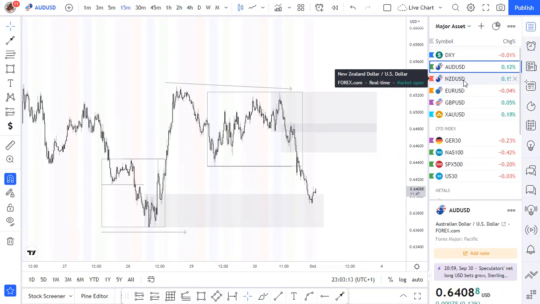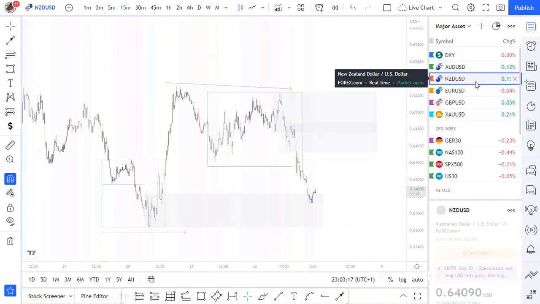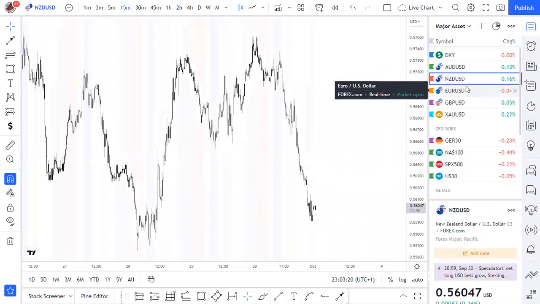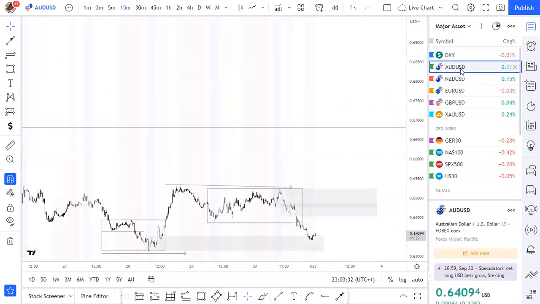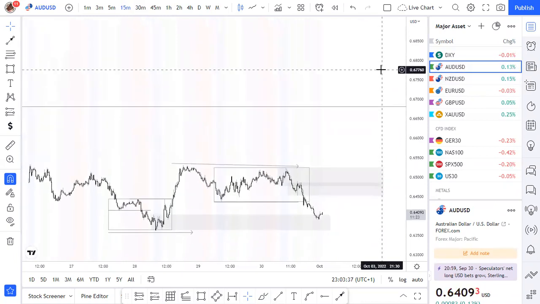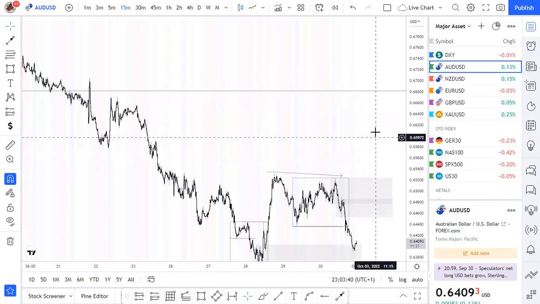The price action on AUD/USD is the same as that on NZD/USD, so they are more like the same thing. So even if I don't spend much time explaining NZD/USD, at least you try to apply what you got from the AUD/USD to the NZD/USD. So that will be it.